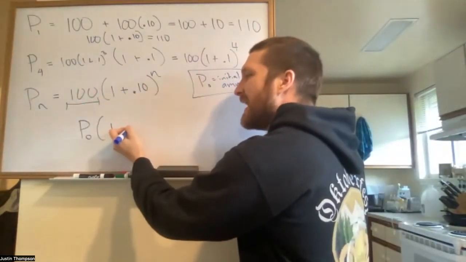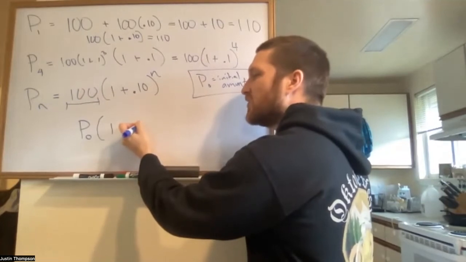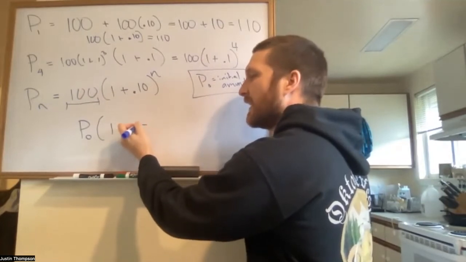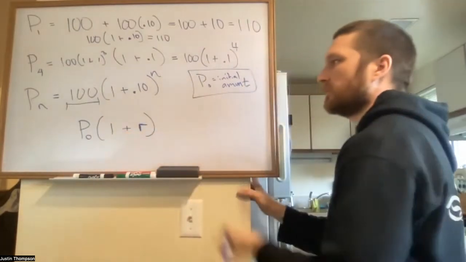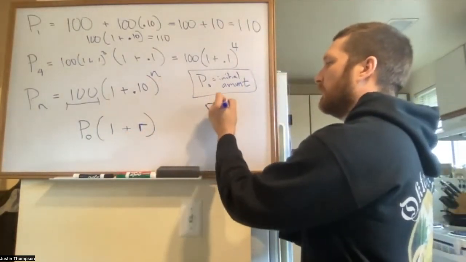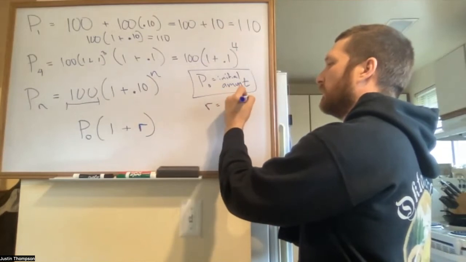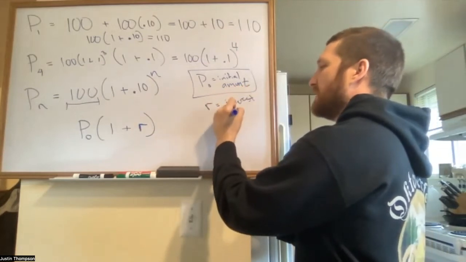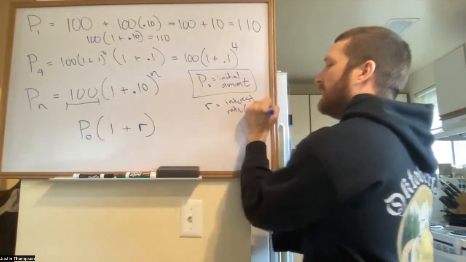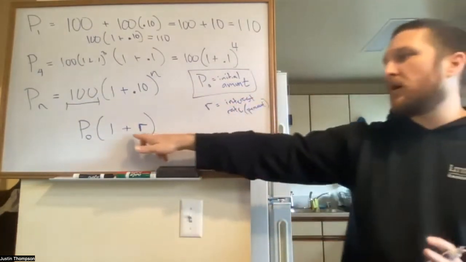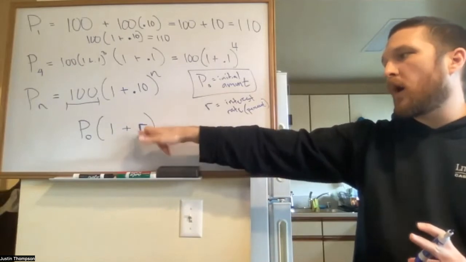And then what's going to be added on is your interest rate. And I'm going to call that a lowercase r. Interest rate. And it's a percent, meaning it's some number between 0 and 1.